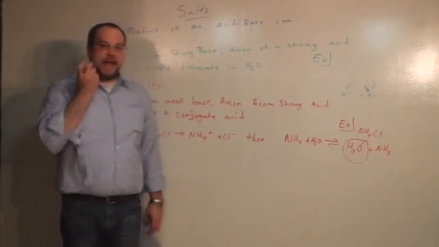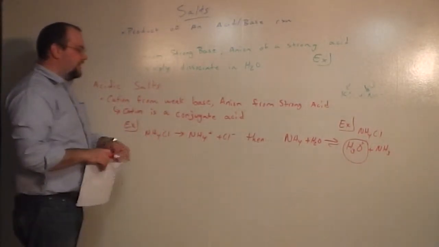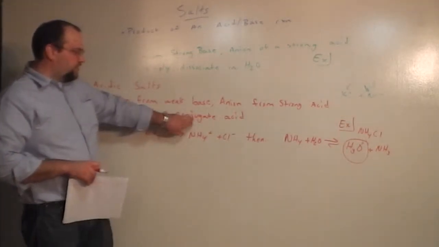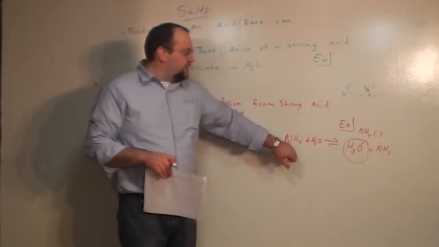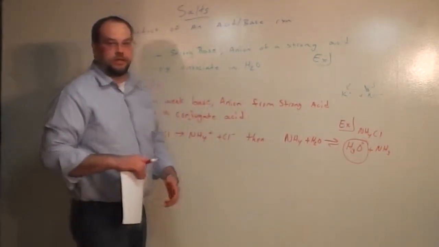Right there, that's an acid. So cations from a weak base are conjugate acids, and that conjugate acid is a proton donor. It donates the proton to the water.